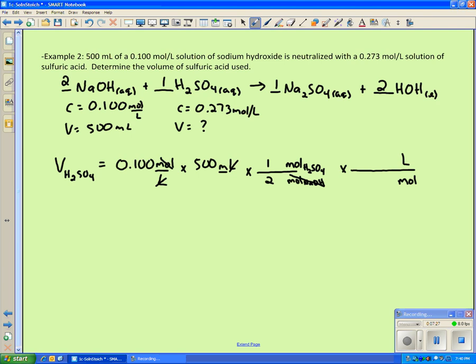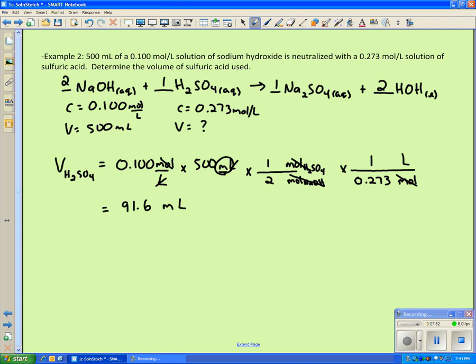So 0.273 moles per liter goes in, and now moles are canceling, and I'm left with liters and the prefix of the milli that was back further in the calculation. So the calculation comes out to 91.6, and the units for that are milliliters.